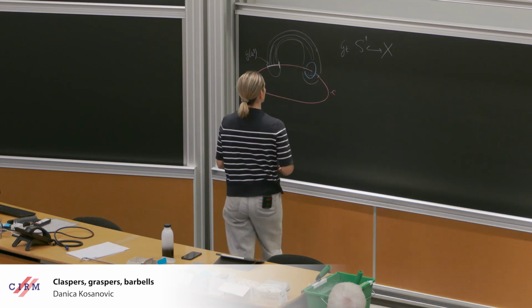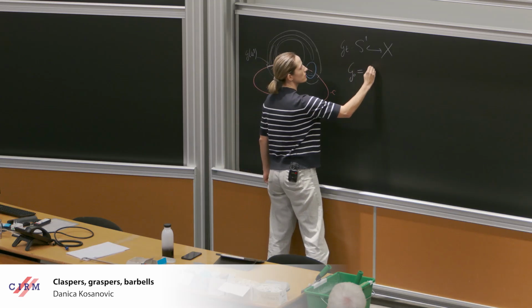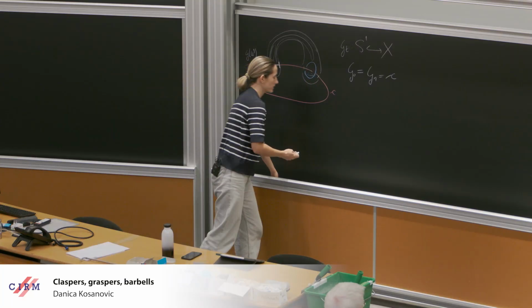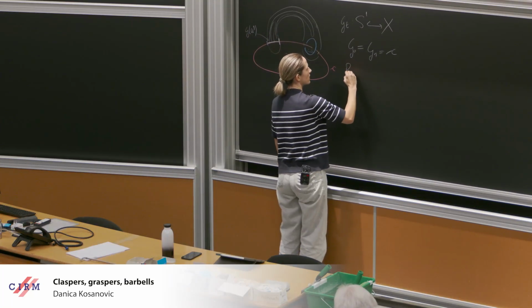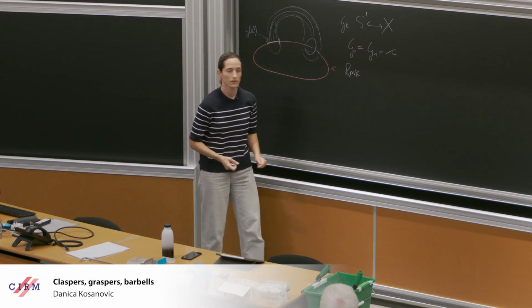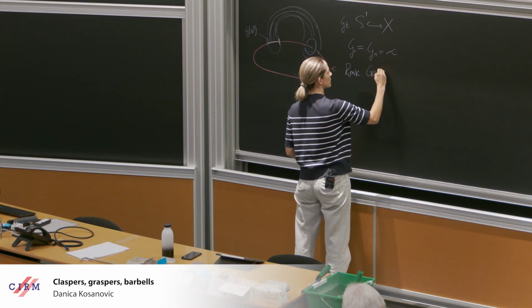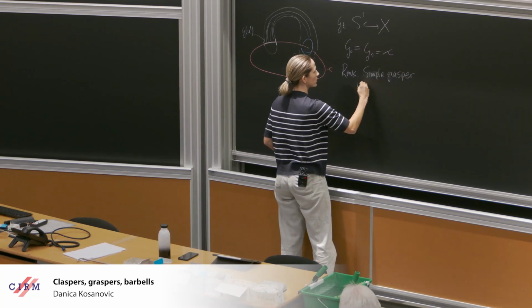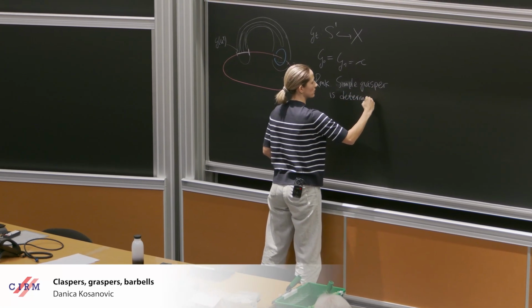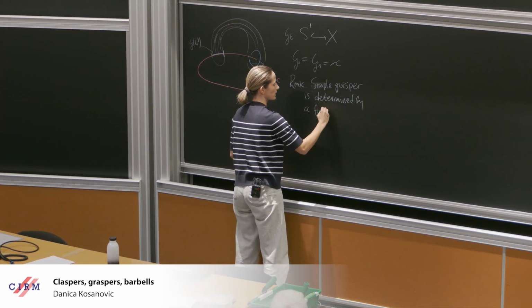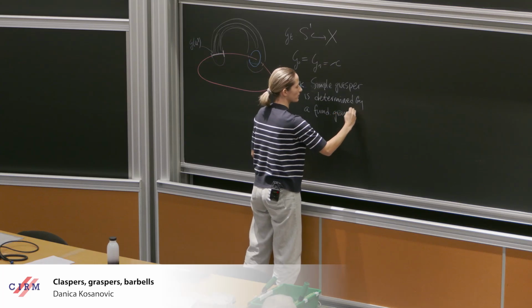Yes, so note that G0 is G1 is C. And note that somehow, remark, this data is really determined by just a group element, okay? A simple Grasper is determined by a fundamental group element.